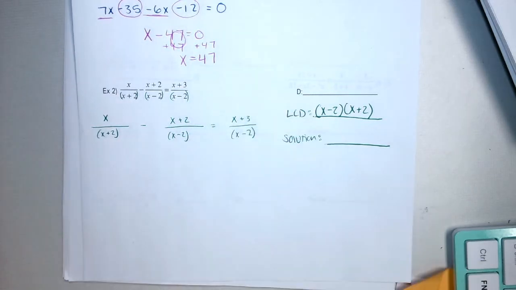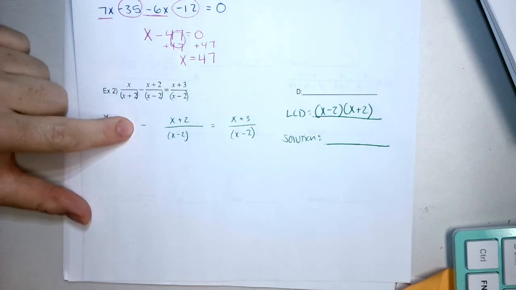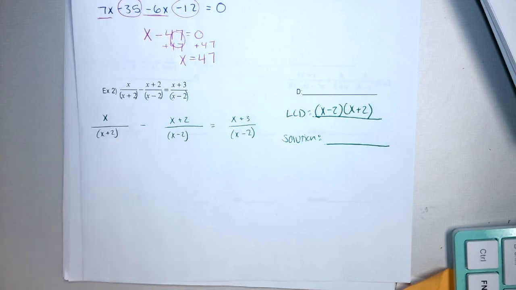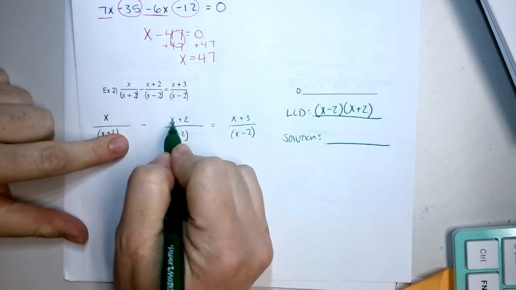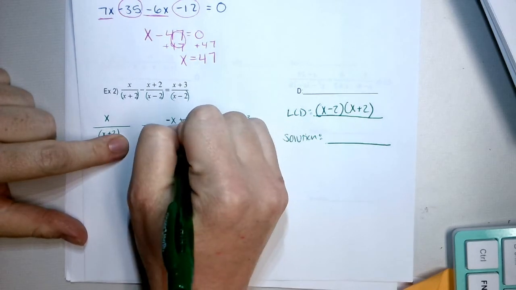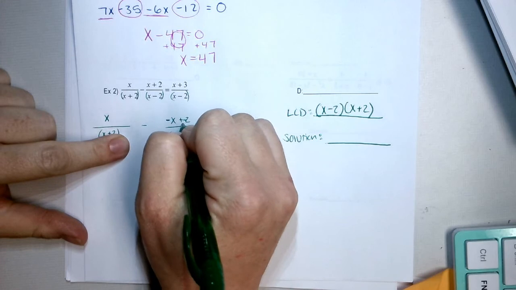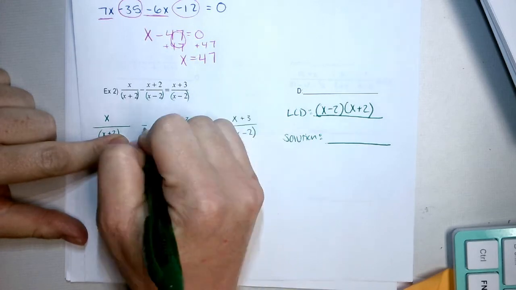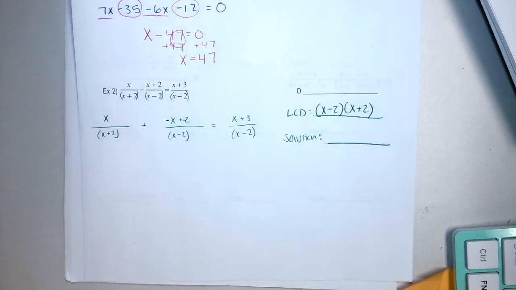Before I even do anything, I'm going to distribute my negative. On the first one, when I gave the top the negative, there was only one term, so I just moved it. But here, you have two terms that you're subtracting, so you have to give it to both. So this becomes negative x plus negative 2. Now we're going to figure out what we need to multiply by to get a common denominator.